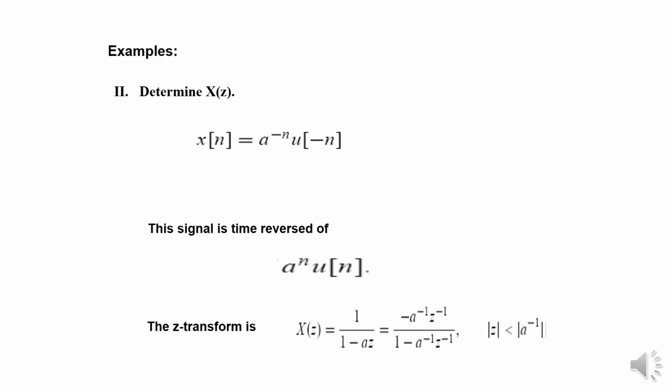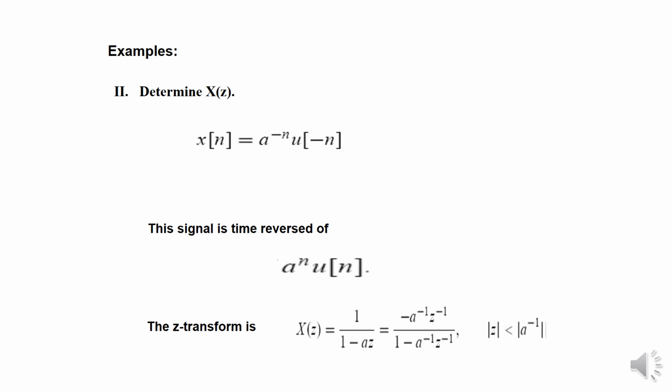Then next one. Here you were given the z transform of a^n u[n]. From the previous one you can see the z transform of a^n u[n] is equal to 1 over 1 minus a z^-1, and the region of convergence is magnitude of z larger than a. Then you are asked to find the time reversal of a^n u[n], which is a^-n u[-n].